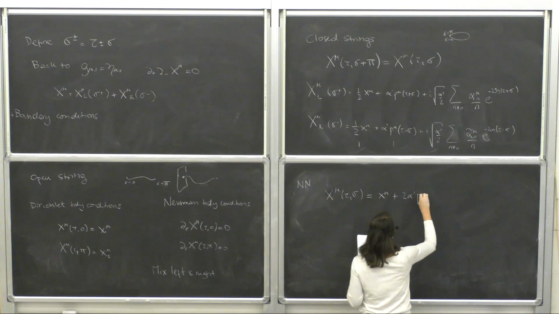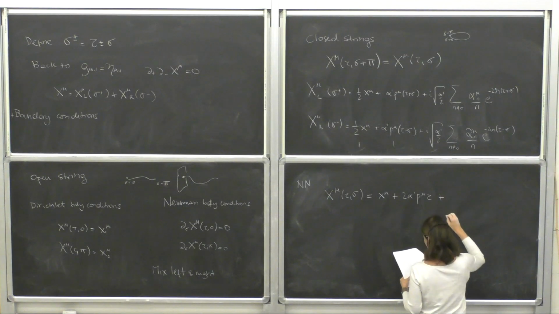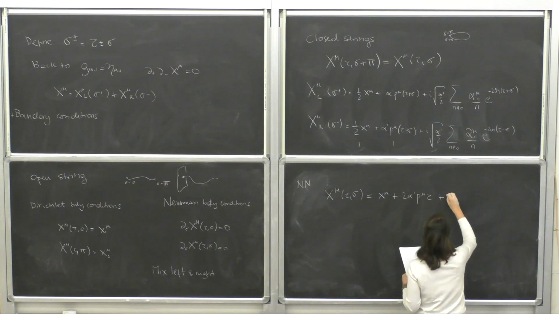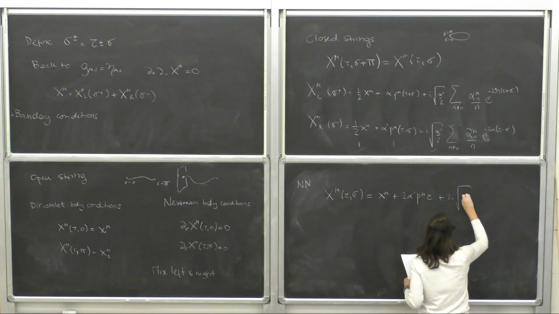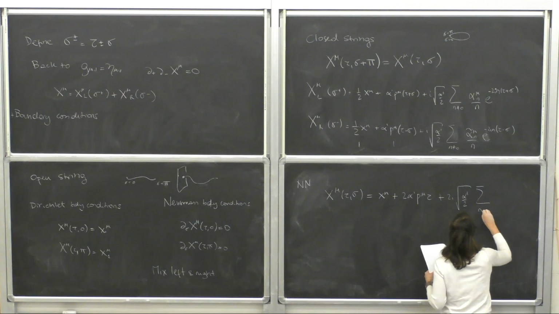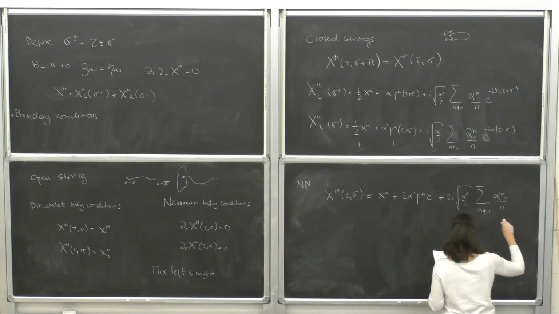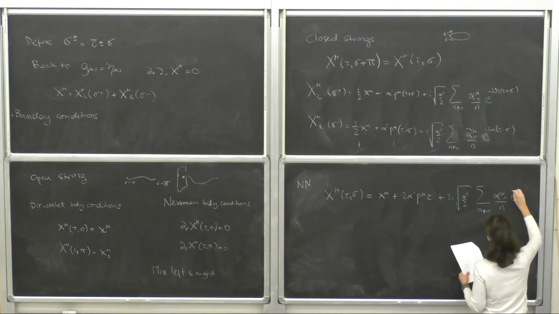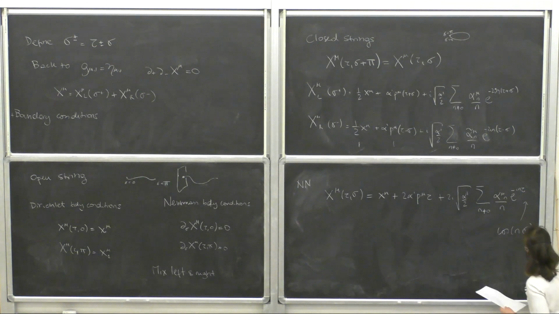And so for Neumann boundary conditions, alpha prime p mu tau plus 2i, and here I have cosine of n sigma.